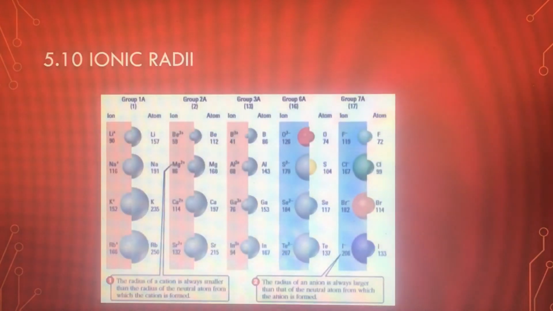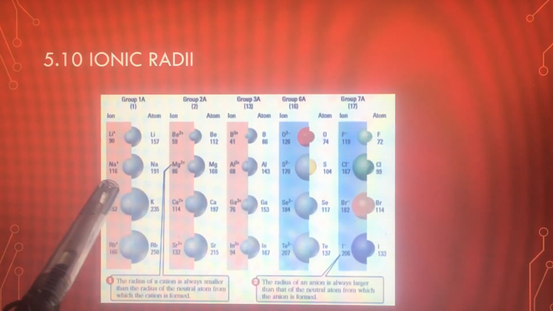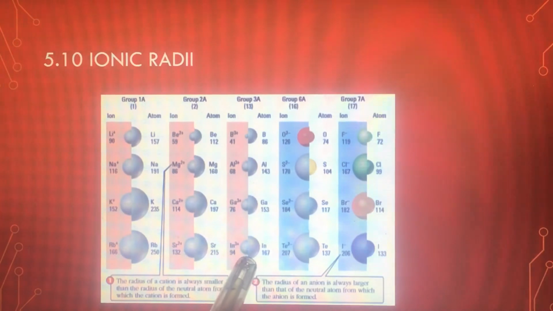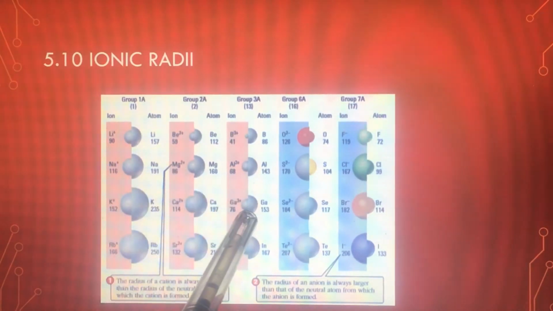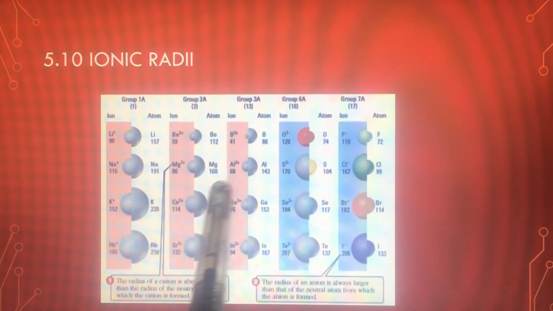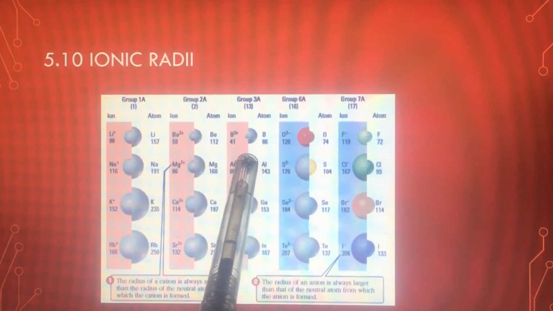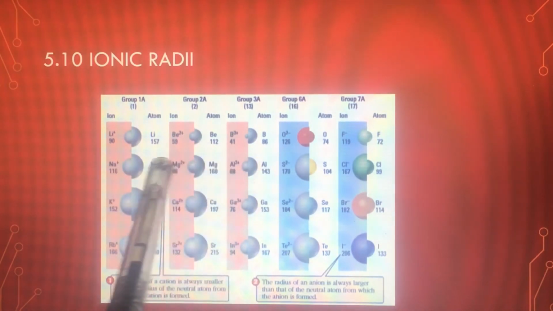If we take a look at groups 1A, 2A, 3A, 6A, and 7A. Groups 1A, 2A, and 3A form positively charged ions, or cations, since they will have 1, 2, or 3 electrons removed. As we remove more electrons, the ionic radius becomes smaller.